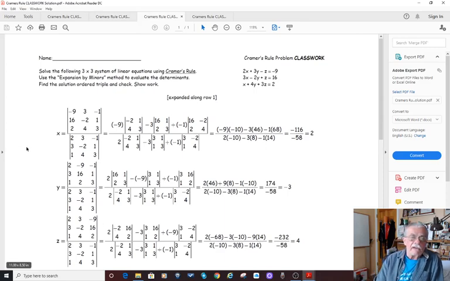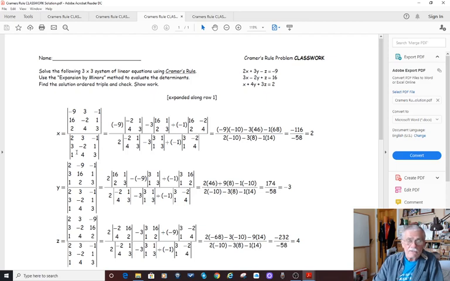Now let's not forget what goes here is D, which is the determinant, which is composed of the coefficients. So 2, 3, 1, 3, negative 2, 4, negative 1, 1, 3.